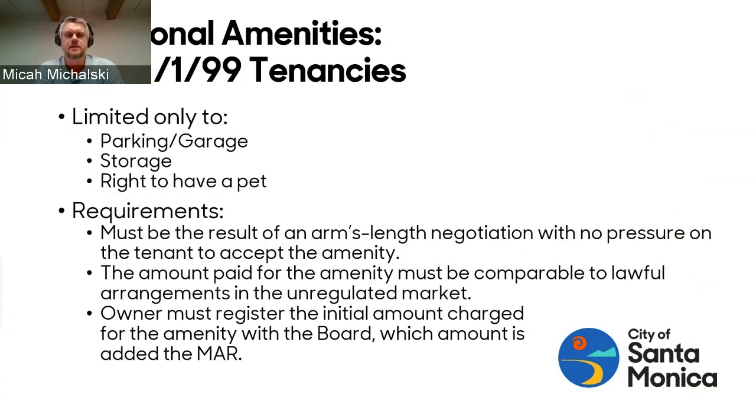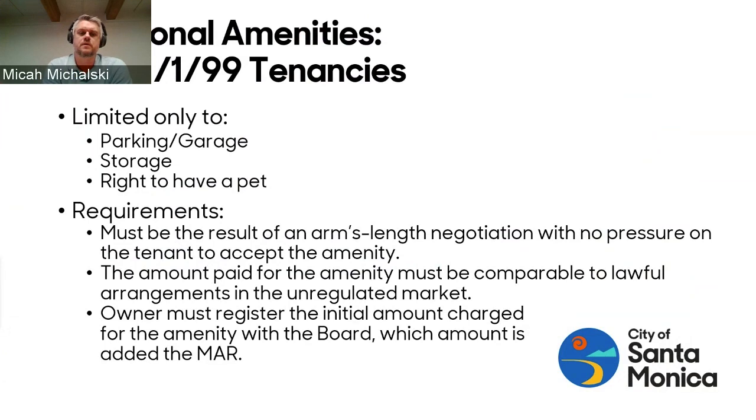So for folks that moved in after January 1st of 1999, these separate agreements, they're not called separate agreements anymore, but they are limited to parking or a garage, storage, and the right to have a pet. Again, these must still be an arm's length negotiation with no pressure on the tenant to accept the amenity. It can't be forced upon the tenant to have something added.